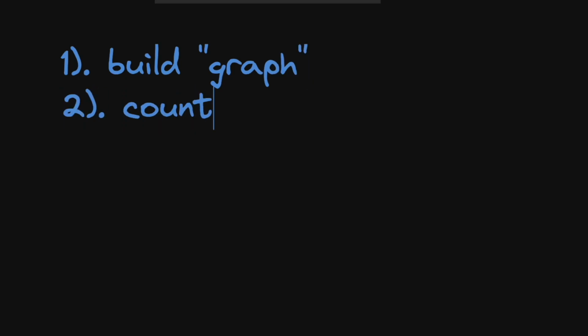All we're going to do is basically the following algorithm. We're going to build a graph of sorts, and we're just going to count in-degrees. And what is an in-degree? Basically, it means how many edges come into that node from other nodes.